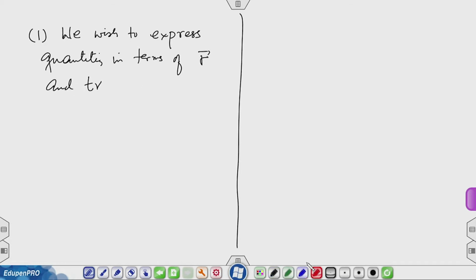Number 2, grad t_r is not 0. t_r changes as r changes. And this has to be accounted for.